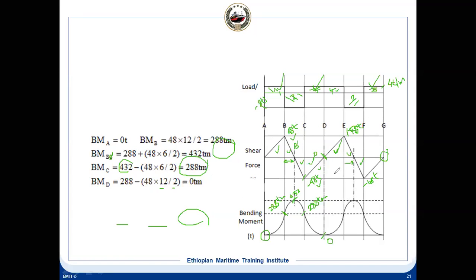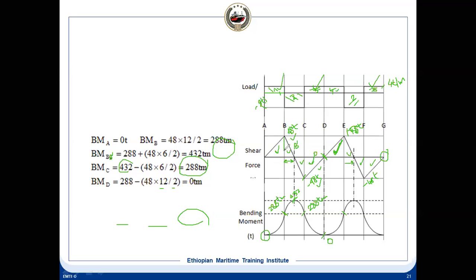And then once you get 0, this area is positive. So if you calculate this, this is 288. Because if you see this area, this area, this area and this area, same value, because the height is the same. Some is positive, some is negative, and the distance is the same.